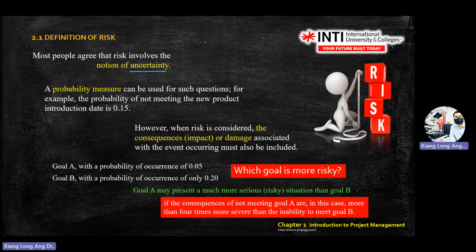It cannot meet goal A or this requirement for more than 4 times. Then goal A is more risky than goal B. But in general, the answer is B. But if goal A keeps repeating or keeps happening for more than 4 times, then it will be more than 20%.